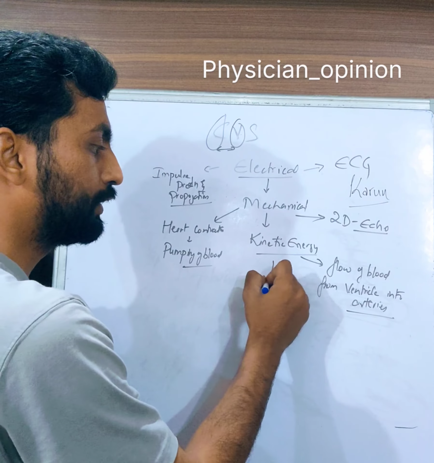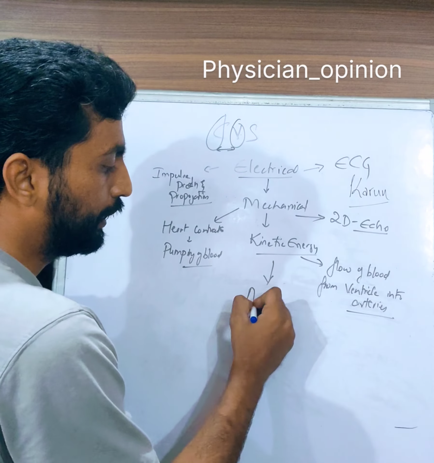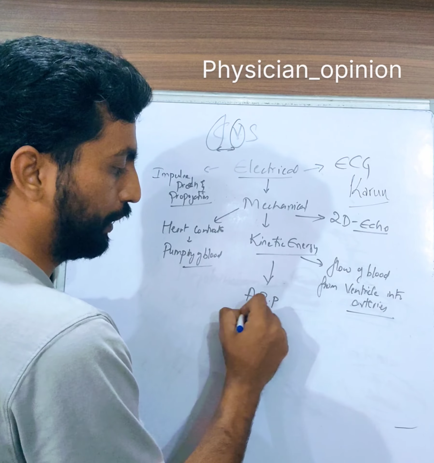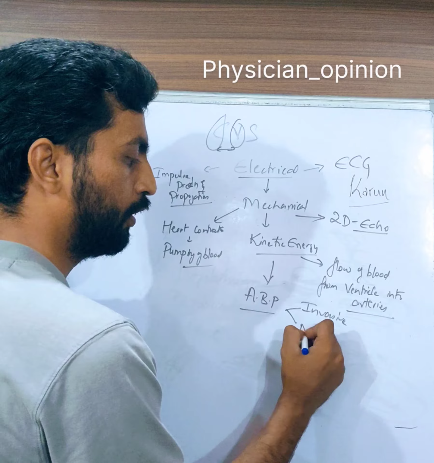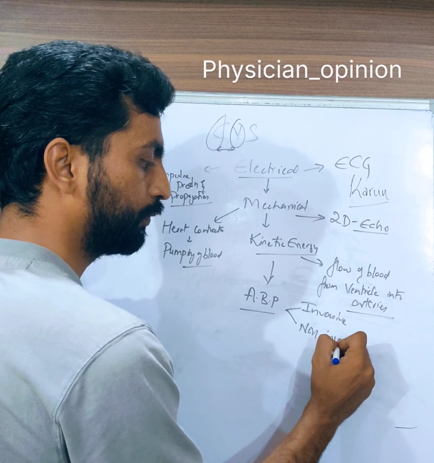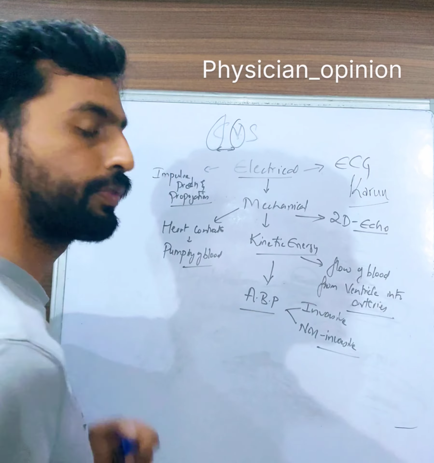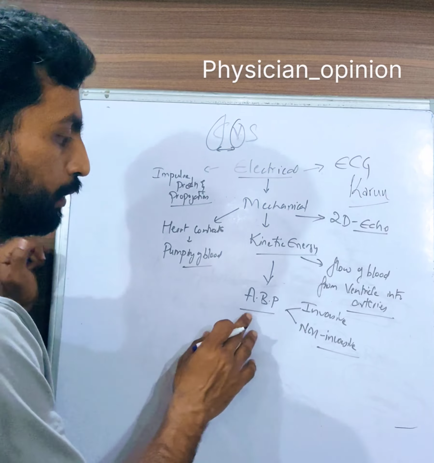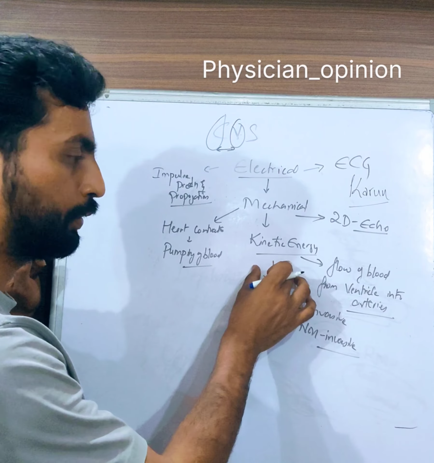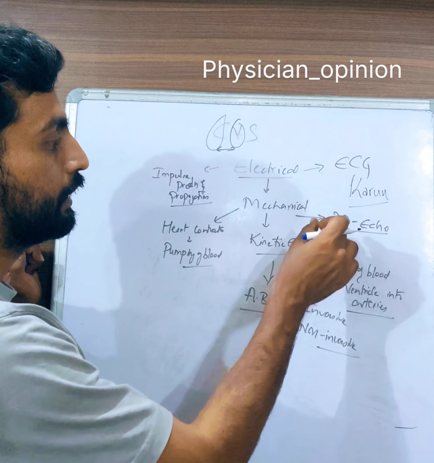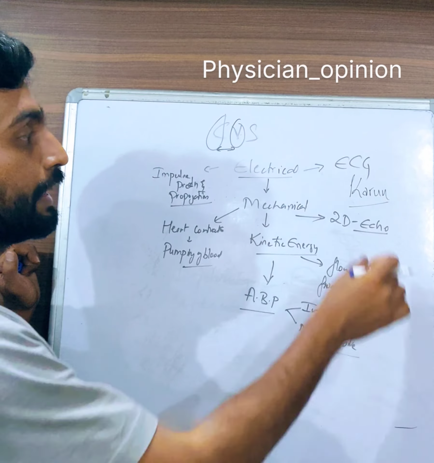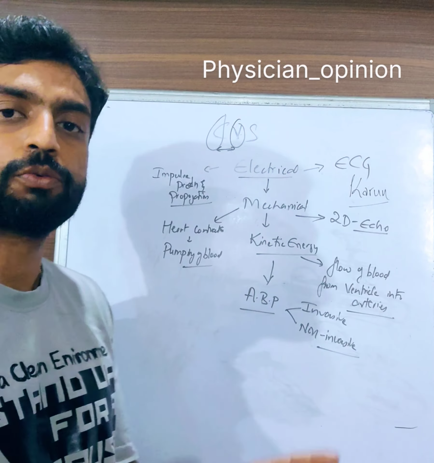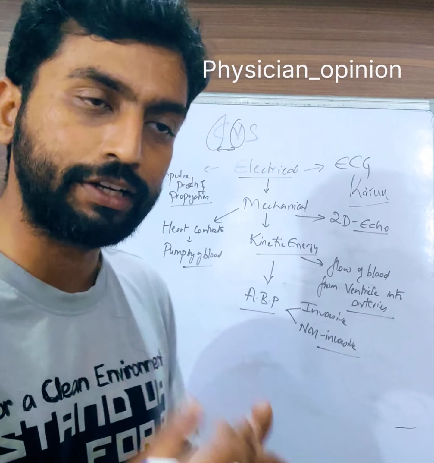And for the kinetic energy, we have arterial blood pressure monitoring, which can be invasive or non-invasive. Okay, so arterial blood pressure monitoring determines the kinetic energy, 2D echocardiography looks at the mechanical energy, and ECG looks at the electrical activity or electrical energy.